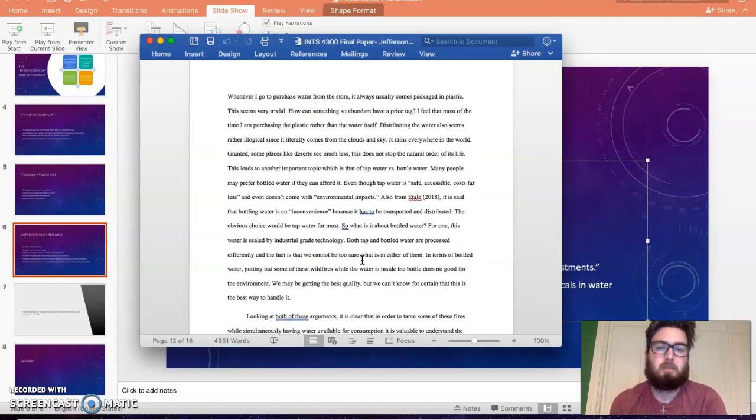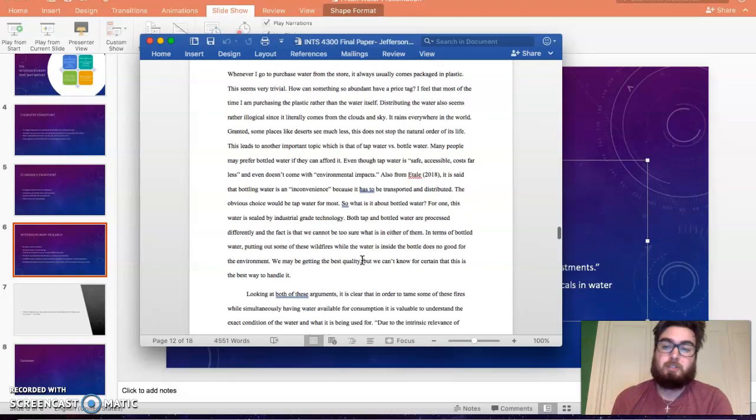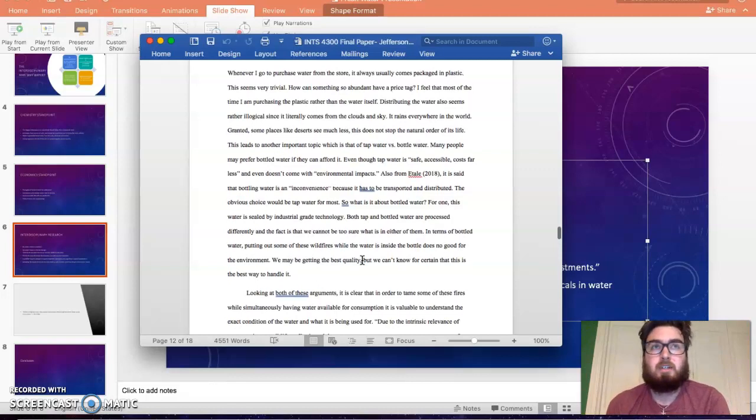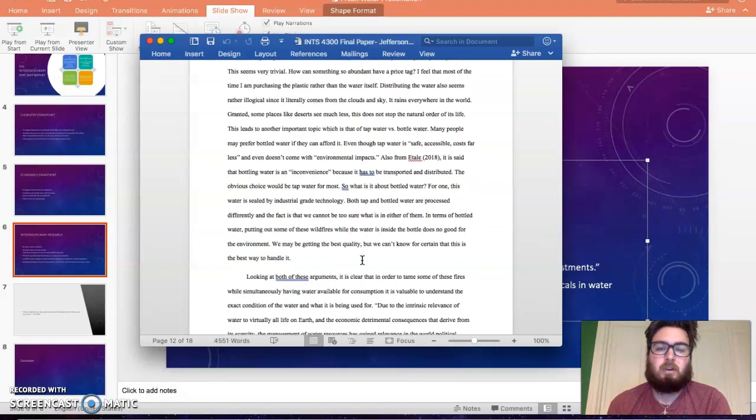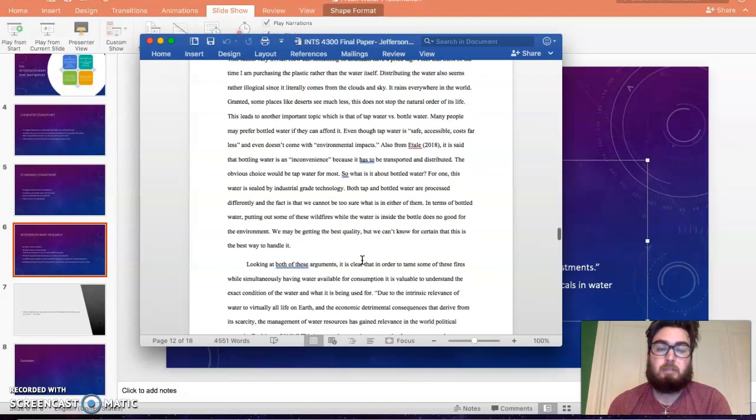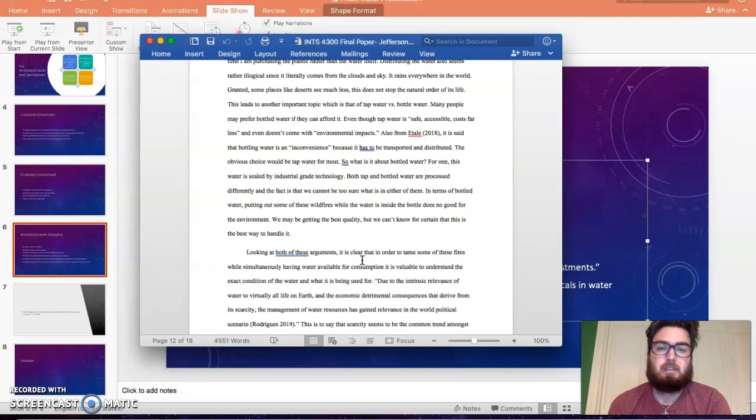Bottled water. What is it about bottled water? It's sealed by industrial grade technology. These past few weeks I've really been paying attention to the bottled water that they've been selling, and for the most part I really believe it's just the plastic that we're being charged for.